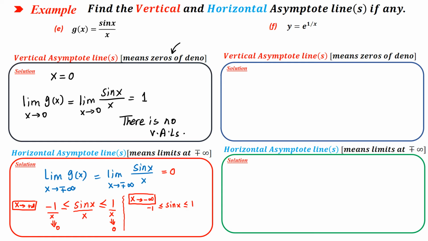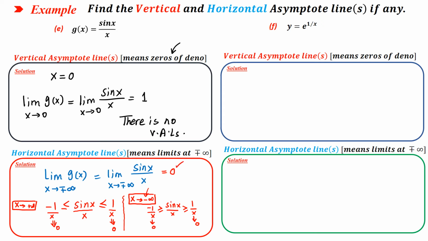Now you have to divide by x, but when x goes to negative infinity, x is a negative quantity, so when you divide by x you have to change the sign of the inequality, and you will get the same thing. 1 over negative infinity equals 0, and -1 over negative infinity equals 0.